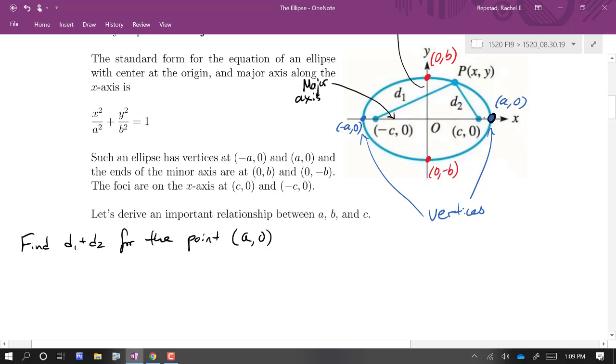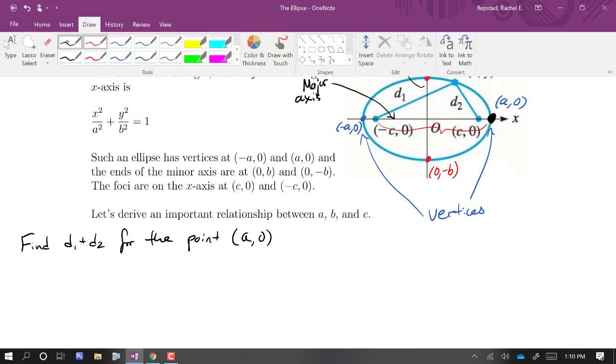Now the sum of the distances: d1 is the distance to this focus here, but that's a horizontal distance. The way we get a horizontal distance is just right minus left. So a minus a negative c is a plus c.